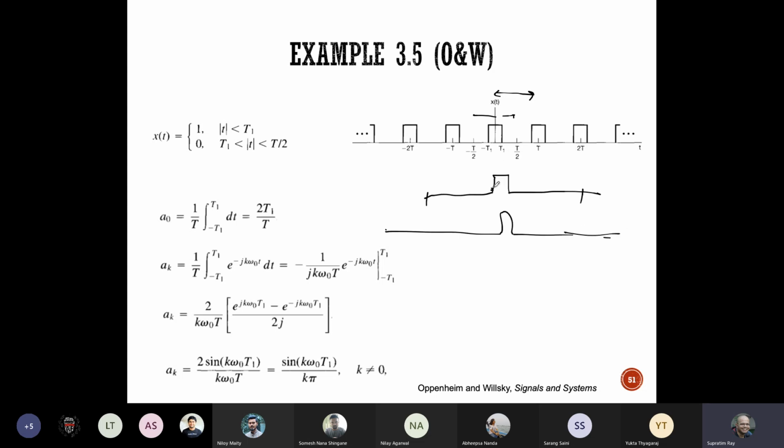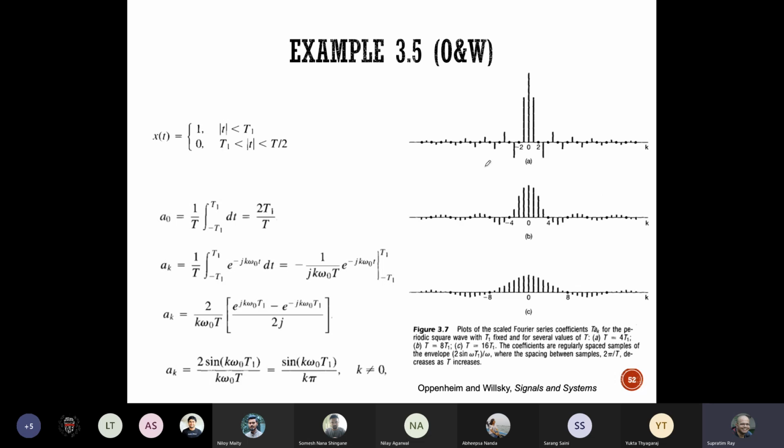So essentially the duty cycle is reducing as you go from here to here to here. What we will see, very interestingly, is that you can think of them as regularly spaced samples of the continuous envelope given by this formula, where the spacing between the samples, 2 pi by T, decreases as T increases.